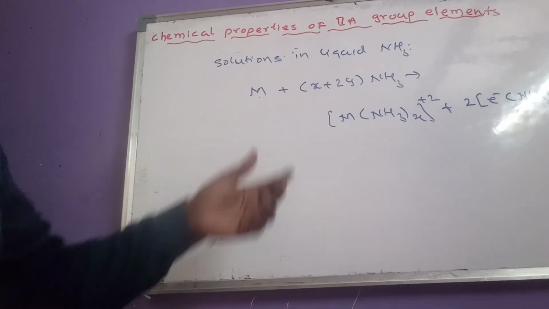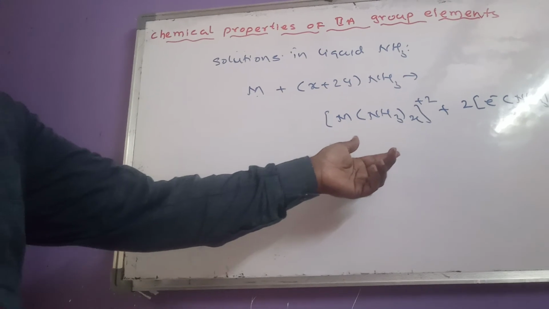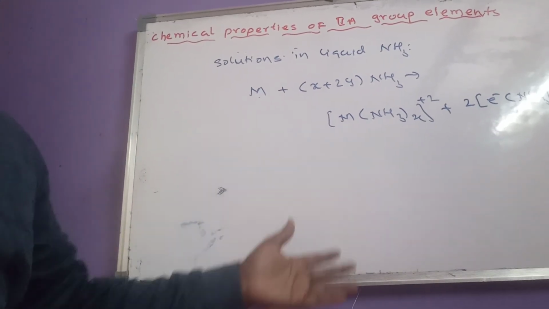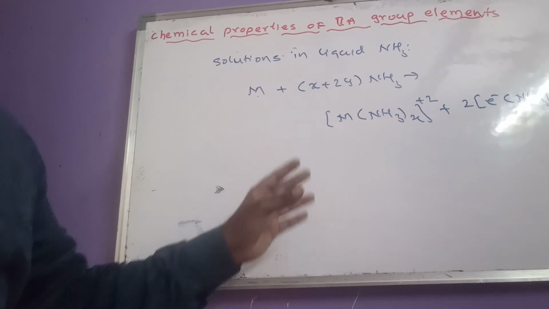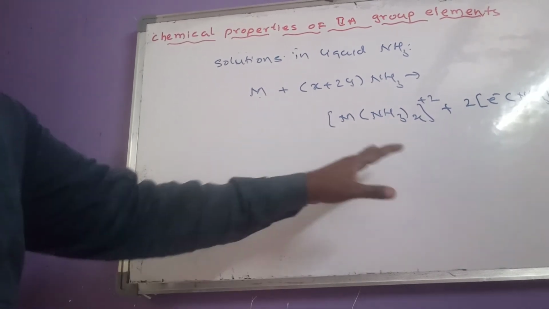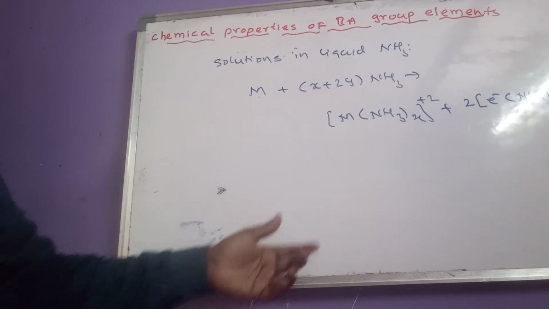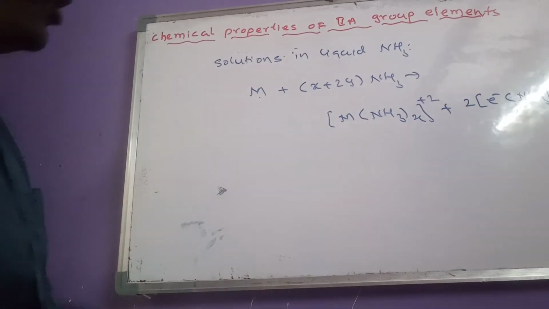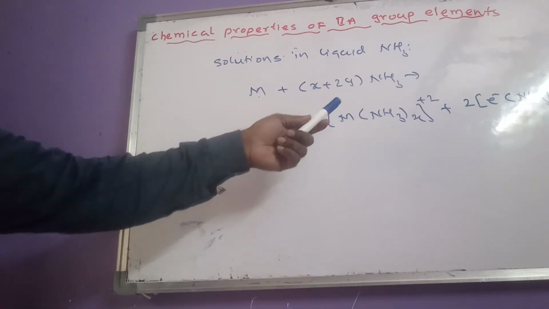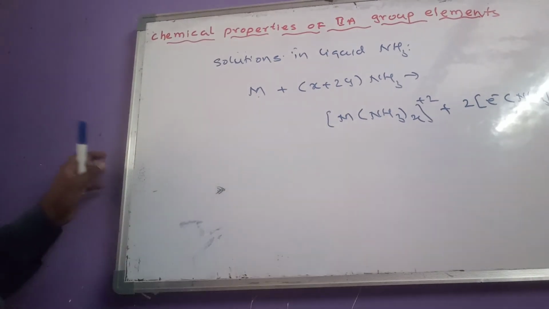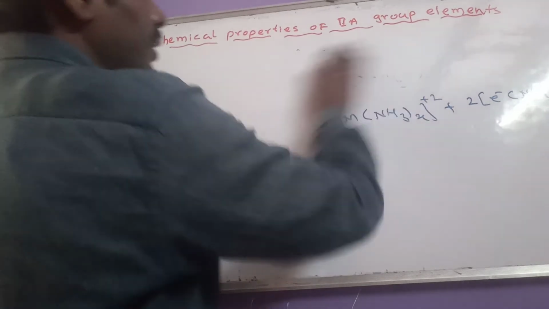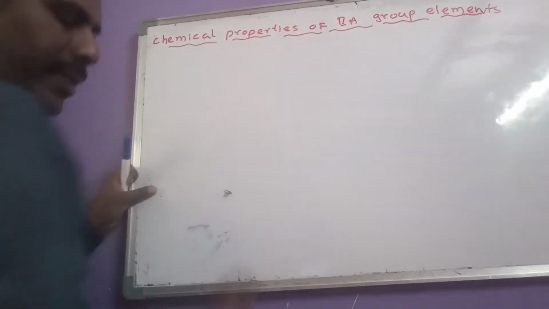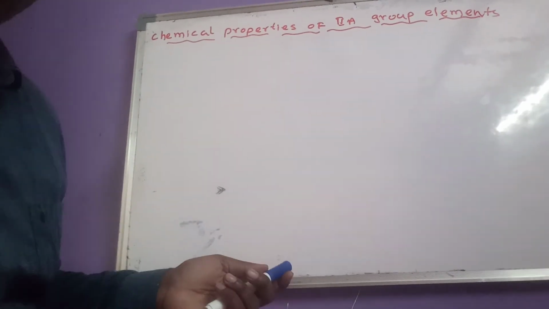Due to the formation of the ammoniated electron and ammoniated cation, the solution exhibits a dark blue color, and these also act as electrical conductors. So this is regarding solutions in liquid ammonia. These are some chemical properties of the alkaline earth metals.